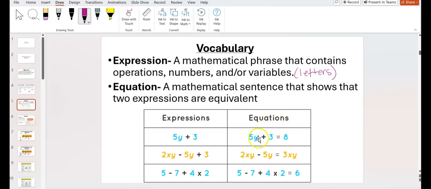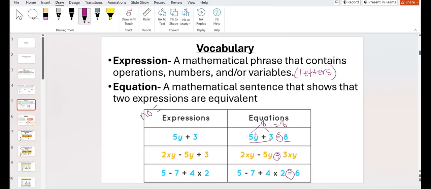So equations show two expressions, and they have to have an equal sign in the middle. You can see here in our example that every single one of these equations has an equal sign, whereas the expressions do not. We also know from the definition that in an equation, this is an expression and this is an expression, and they are the same. They are equal to each other. So if I knew what y was, if I solved this, it would turn into 8 as well.